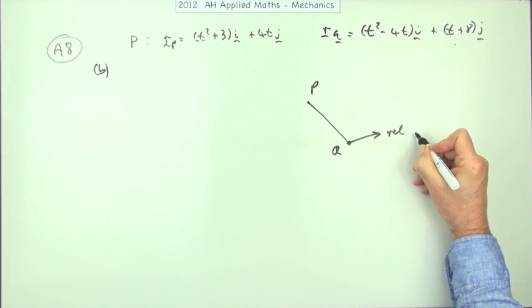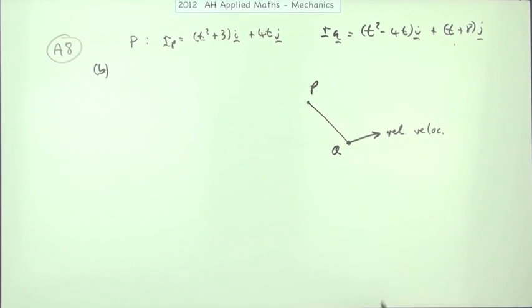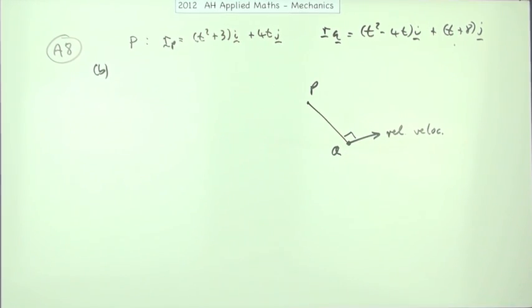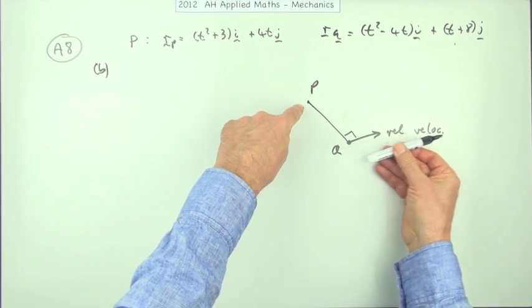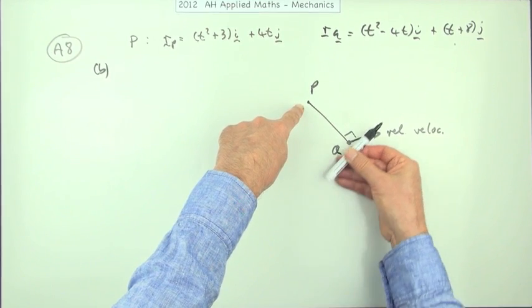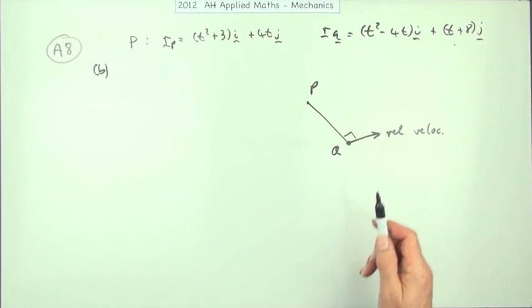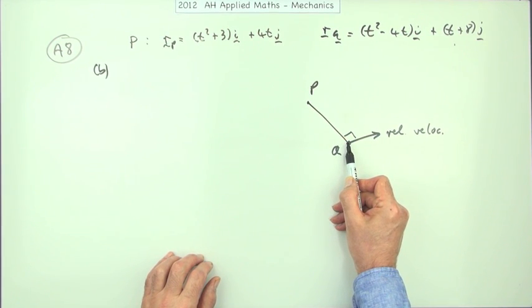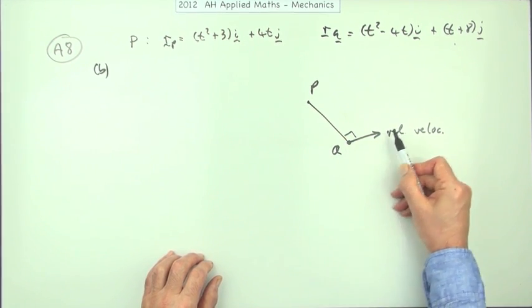That will be the relative velocity compared to you. And you'll be at your shortest distance when that's a right angle. It'll not be travelling away from you, it'll not be travelling towards you, it'll be at right angles to you. So you'll be at the closest point when the relative position is perpendicular to the relative velocity.